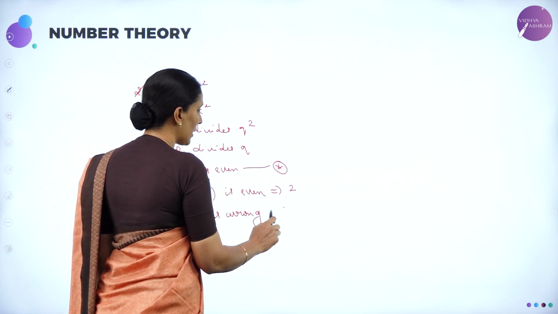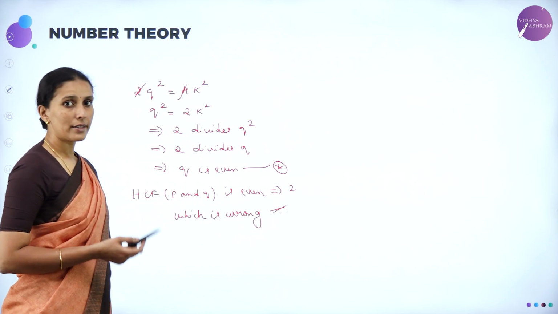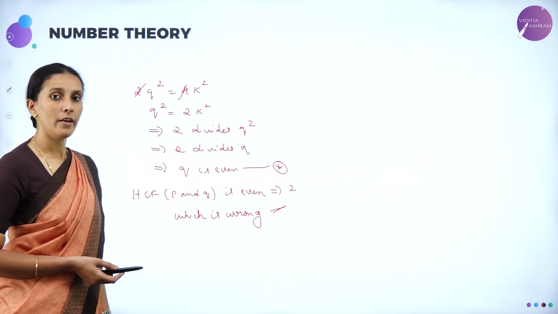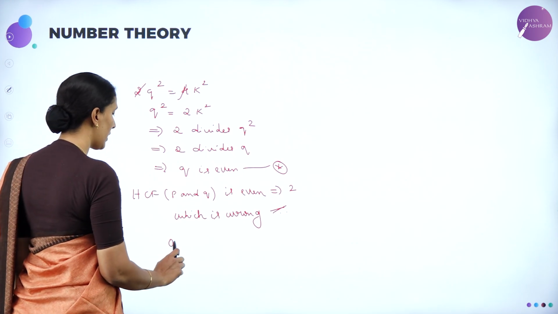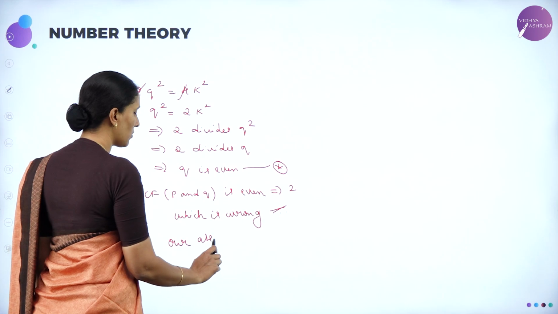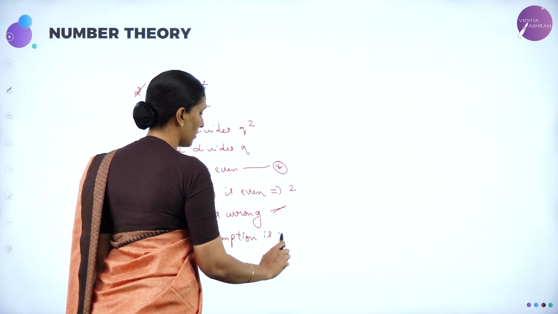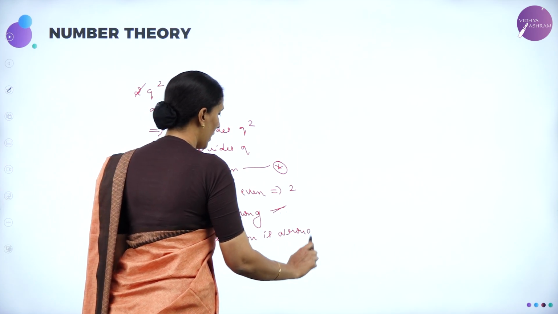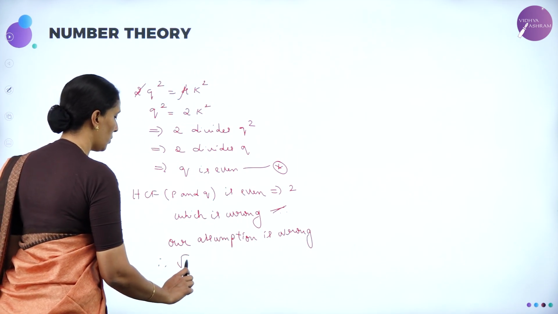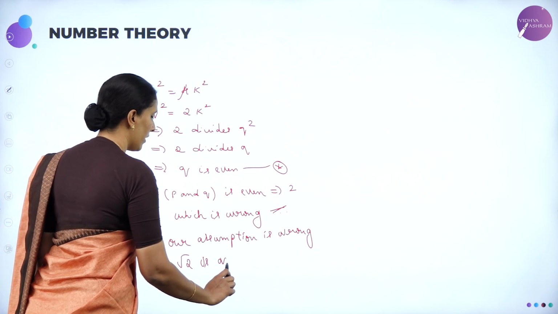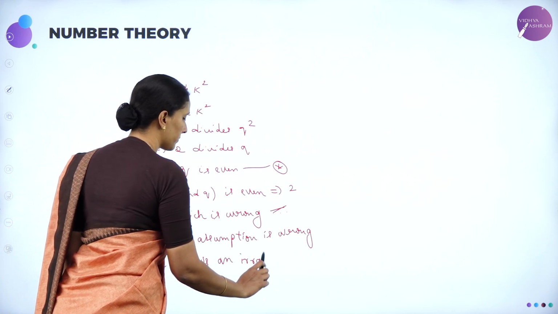So the given statement contradicts our assumption that root 2 is a rational number. So here we can conclude our assumption is wrong. Therefore, root 2 is an irrational number.